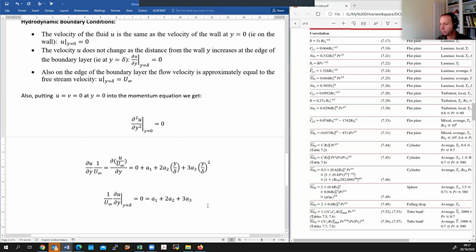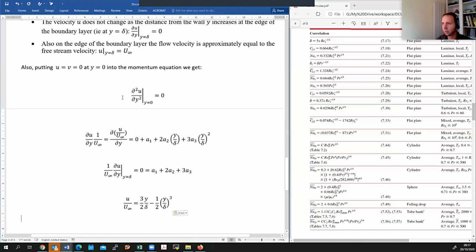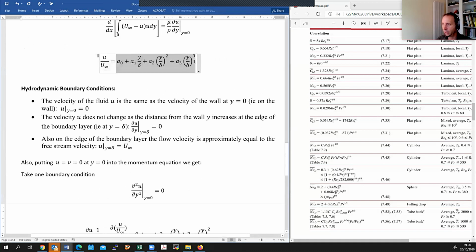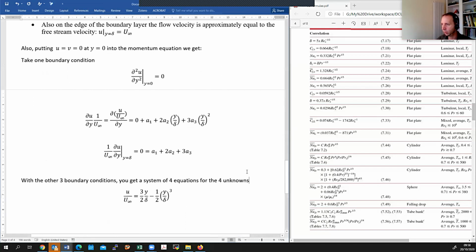So instead, I'm going to shift straight to the solution. You take this boundary condition with the other 3 boundary conditions, and you get a system of 4 equations for the 4 unknowns, which are A0, A1, A2, and A3.